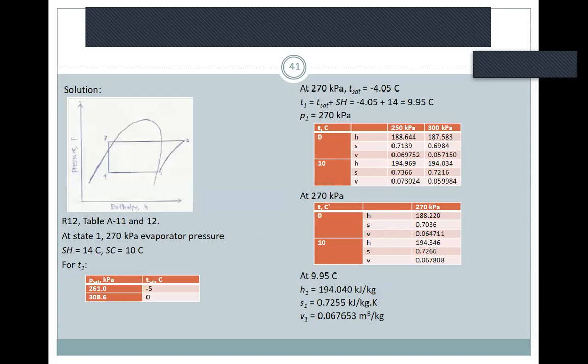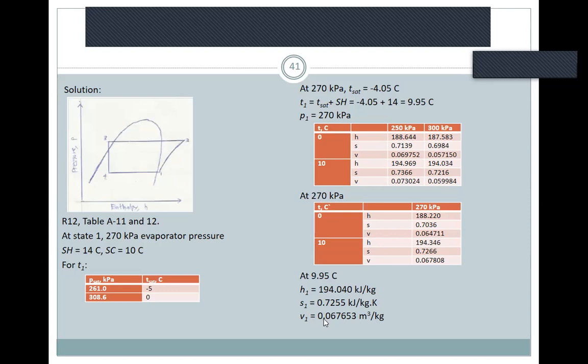Then, at 9.95 C, dito 0 and 10, so meron ka ng 270. So, interpolate mo naman siya. So, H1 is 194.040 kJ per kilogram. Ito kasi ang value sa table is 3 decimal places, so tatlo ka rin dito. S1 is 0.7255.